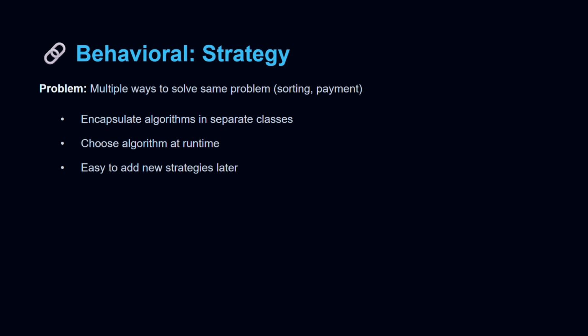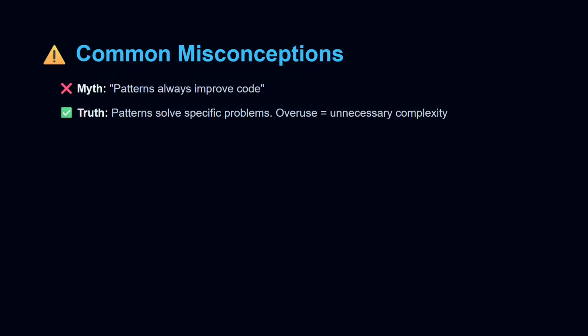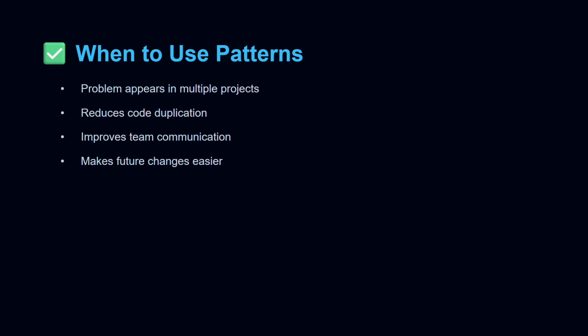Okay, when to use design patterns? Actually, it is the doubt of where and when we have to use these patterns. We should use patterns when the problem appears across multiple projects. It reduces code duplication and improves team communication and feature changes.